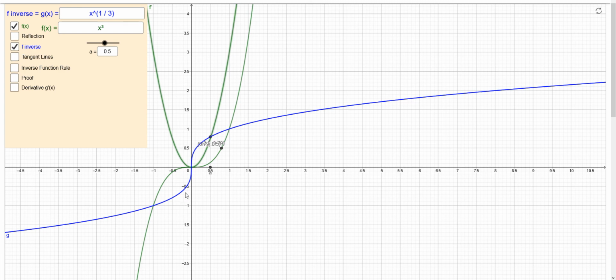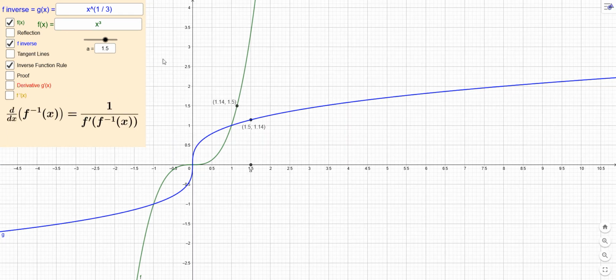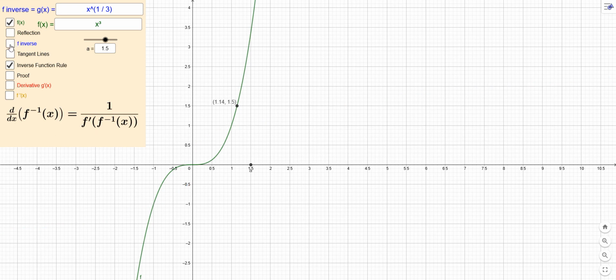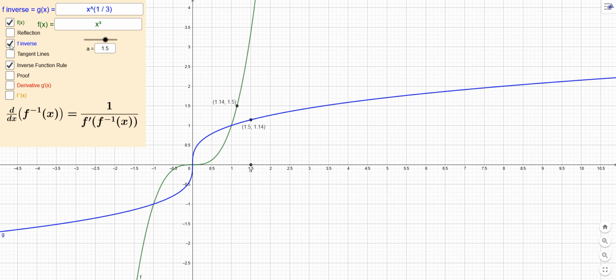That is the derivative of x cubed, and I'm not sure exactly why that's there, so we're going to hide that if we can here. Okay, I've got this cleaned up now. So this is f of x, this green one here, which is x cubed. F inverse that we want to try to find the derivative of is the cube root of x, or x to the 1/3.